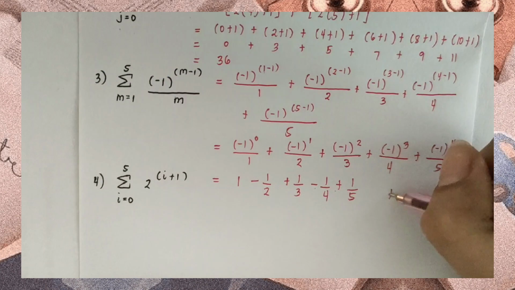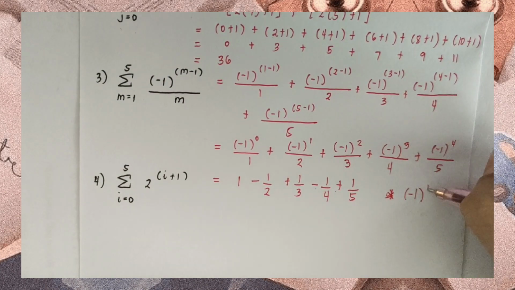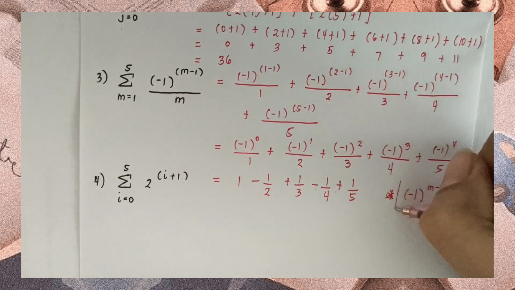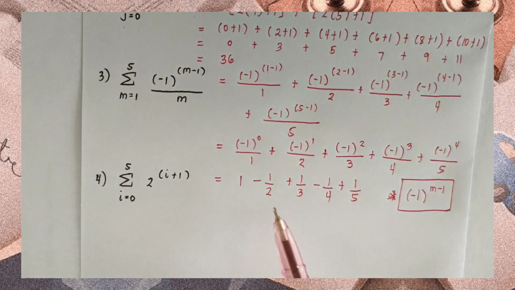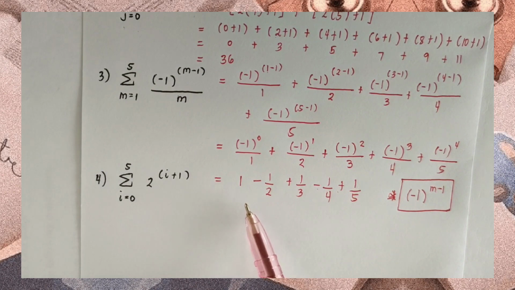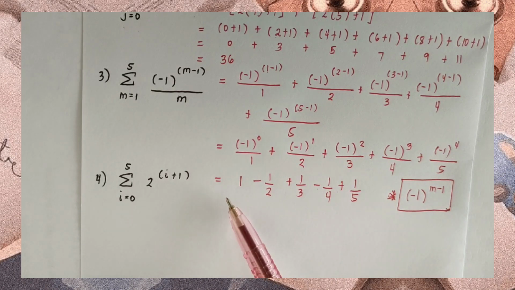You will use this formula, negative 1 raised to m minus 1, whenever you encounter alternating signs. Okay, later on, I will share you an example wherein we can apply this formula for the alternating signs of the terms.